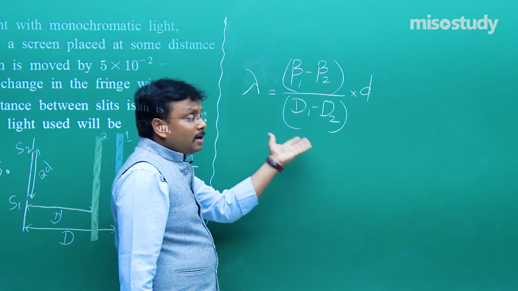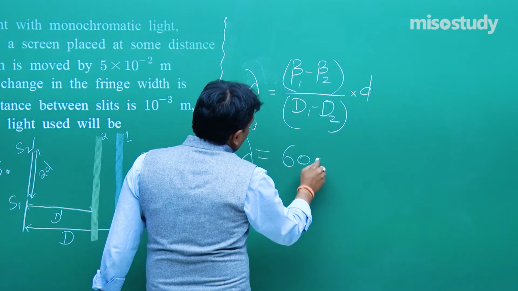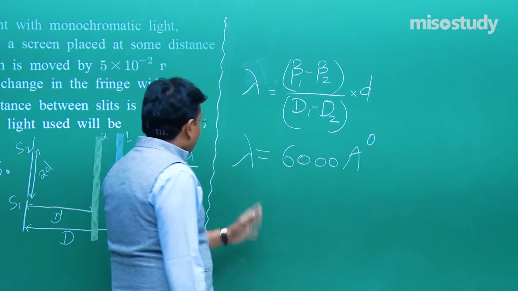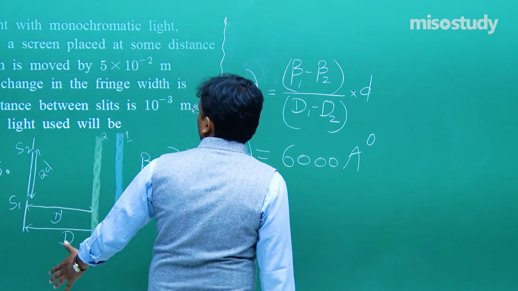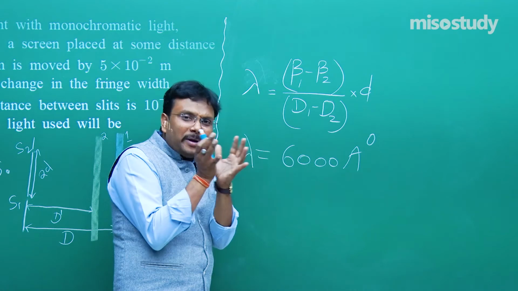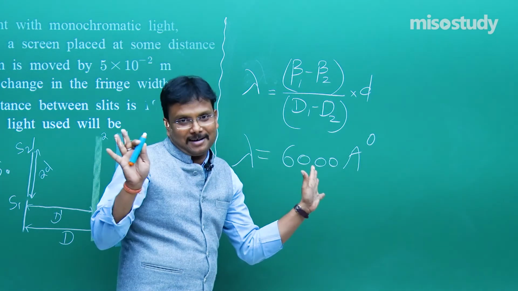Every value is given, put the values in, and you can get lambda. So as such, this question is not a difficult one. First you have to visualize the problem, and you can say it is a combination of two very simple problems from the interference pattern.